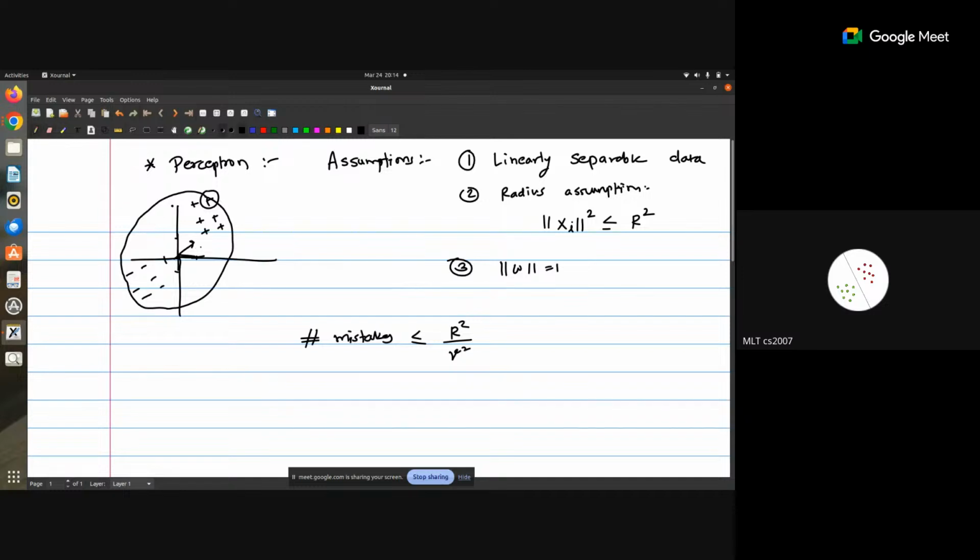Let's say this is W, then this line will be W transpose X, and we are saying there exists some margin, so it should be bounded by this.